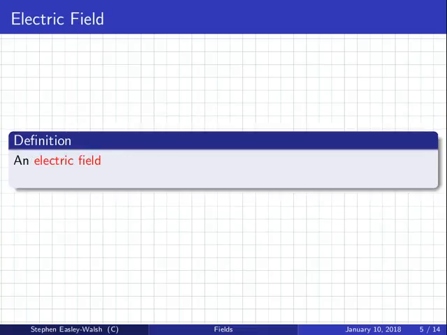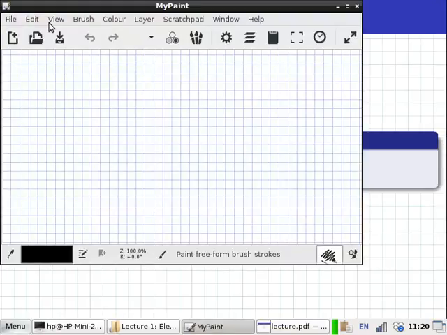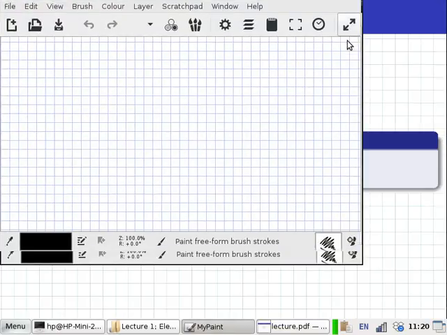Okay, now we're getting into something new, something which you haven't seen before. We have this thing called an electric field, and it's a vector field. Before I continue with the definition, I have to explain what I mean by a vector field. I'll give you two examples. First, something you might call a scalar field.